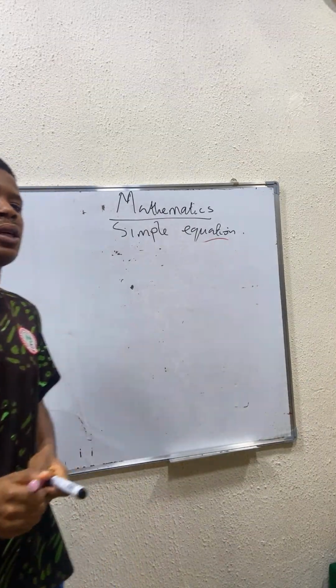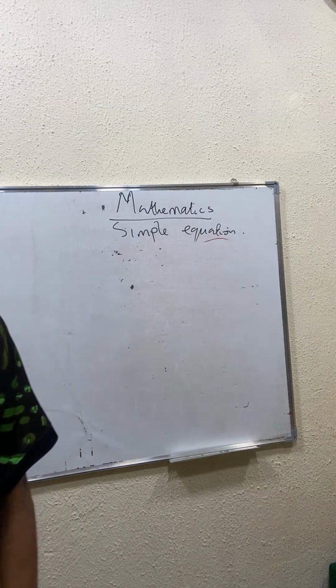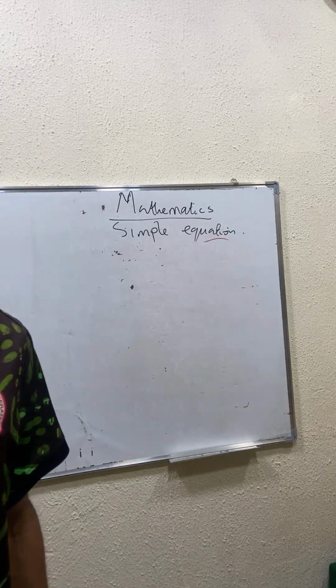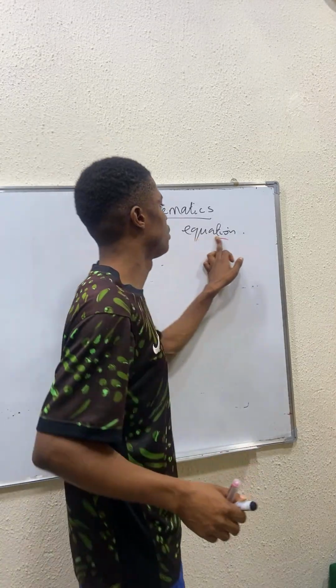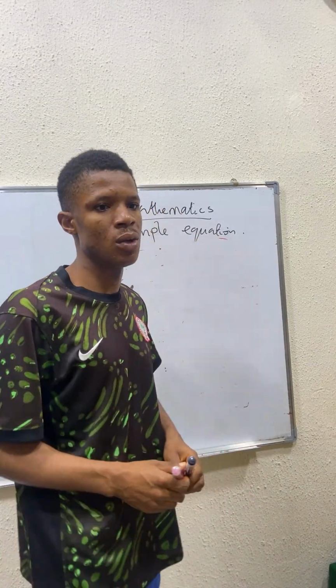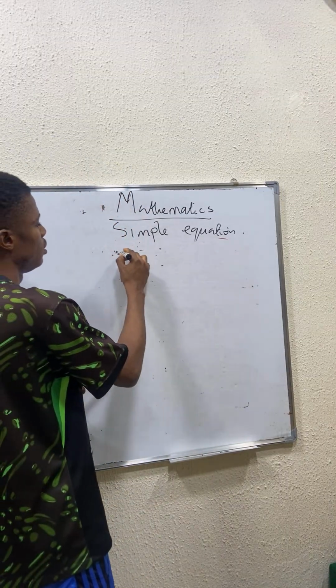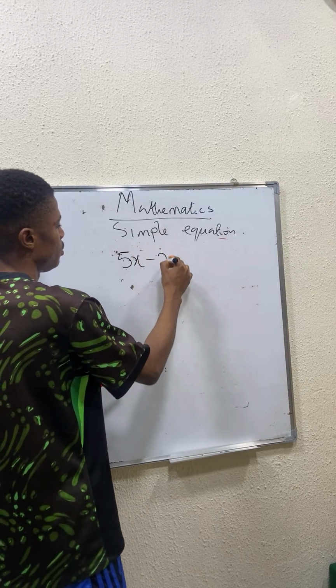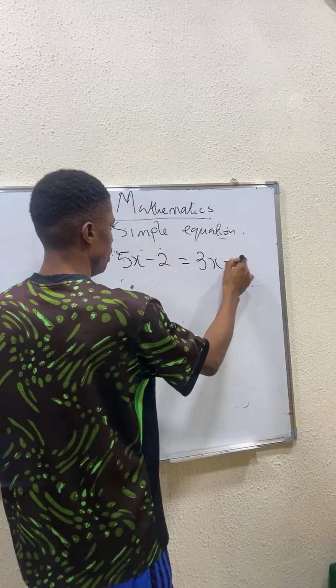The next one we'll be looking at is scenarios where we have the variables on both sides of the equation. There are some cases where we have the variables on both sides of the equation. Let's take for instance we are trying to solve 5x minus 2 is equal to 3x plus 8.